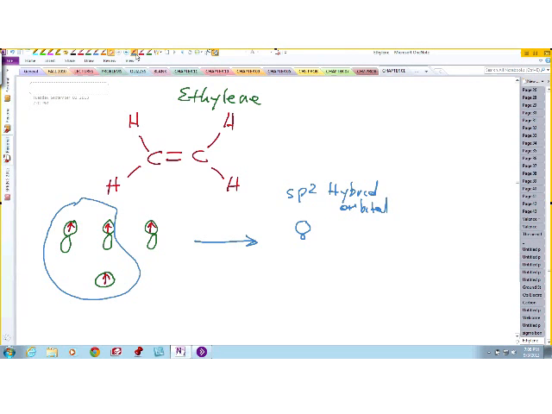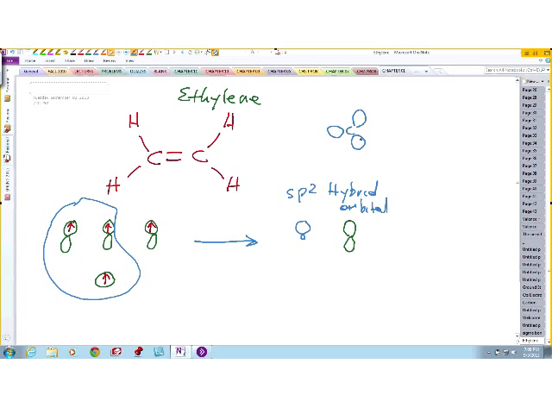Now we have left the p orbital, which is this here. And so what do we have? We now have a carbon atom. Now think of this carbon atom. The orbital picture of this carbon atom now looks like this. Right here, you have an sp2 hybridized orbital and an sp2 hybridized orbital.